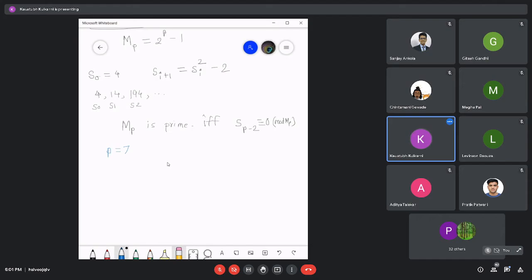So M7 is 2 raised to 7 minus 1, which is 127, and we want to find whether 127 is prime or not. We will not calculate directly, we will find mods. So 4, 14, 194 mod 127.